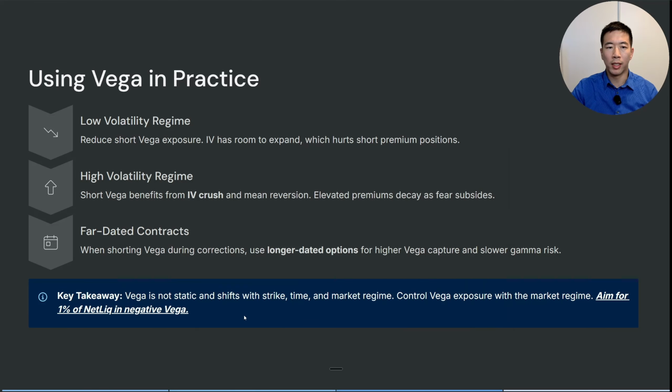That's a good practice. It's not set in stone. It's just a general idea. So you can look at your account and tell, oh, do I have way too much short Vega or not? Especially during low volatility regimes, we do not want to have too much short Vega. Okay, we have to be a little bit more careful there and keep it under 1%.